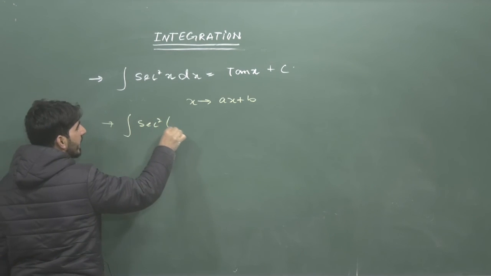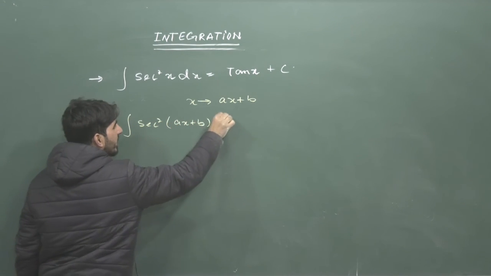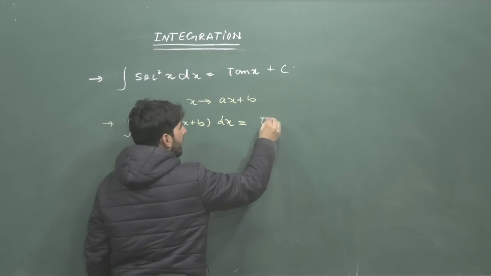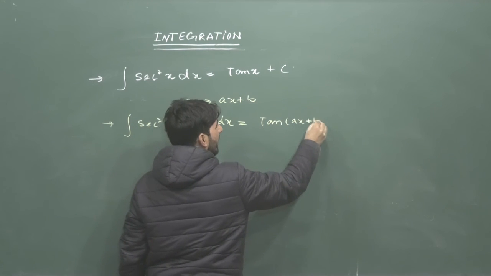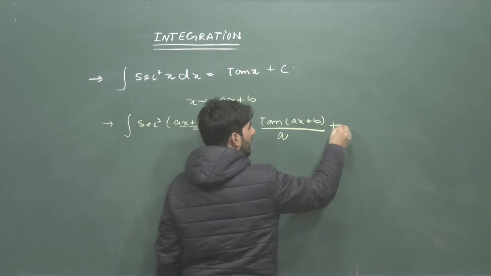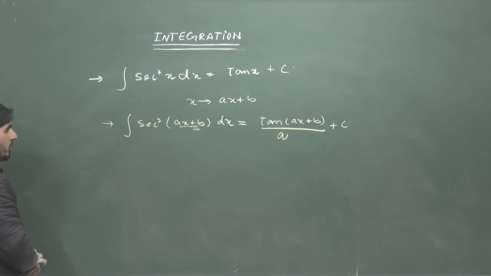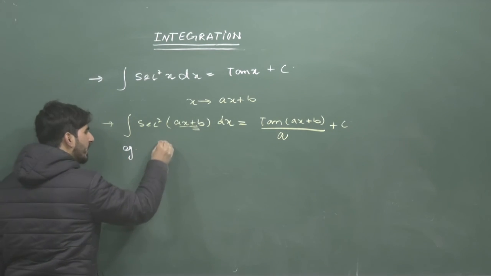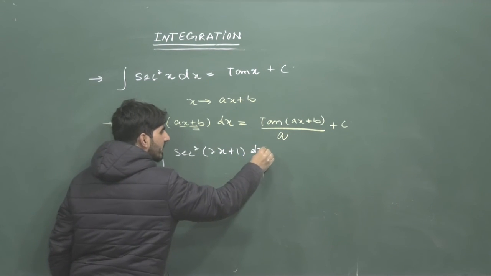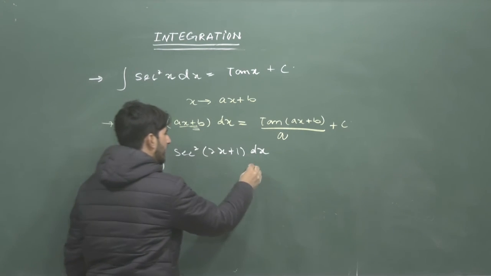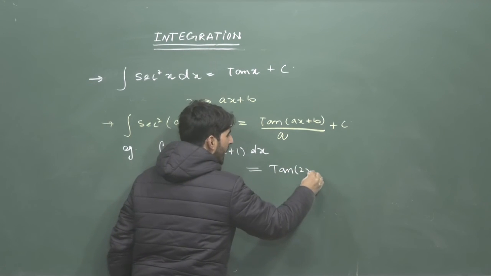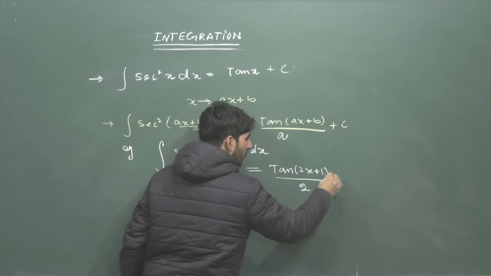Integration of sec square of ax plus b dx is equal to tan of ax plus b divided by internal differentiation of ax plus b, that is divided by a, plus c. For example, if you have to integrate sec square of 2x plus 1 dx, so direct integration of this function is tan of 2x plus 1 divided by 2 plus c.